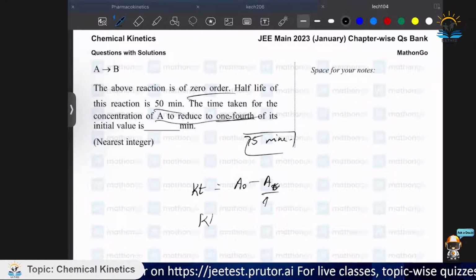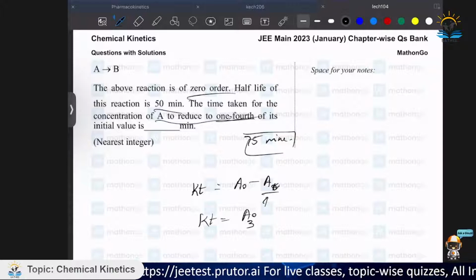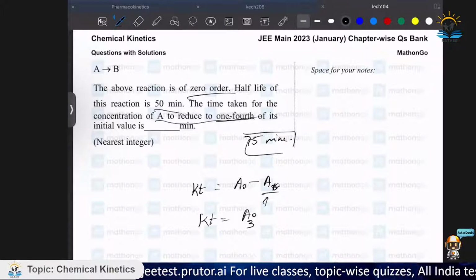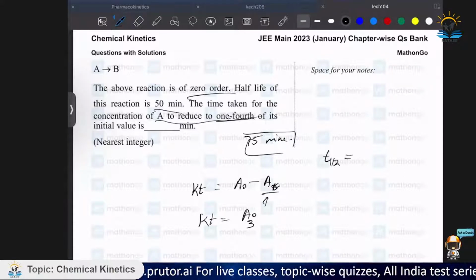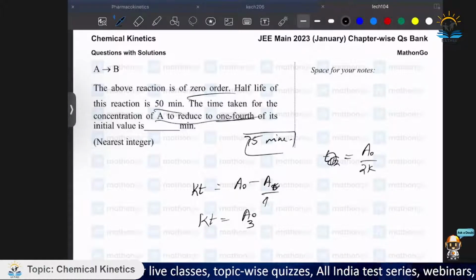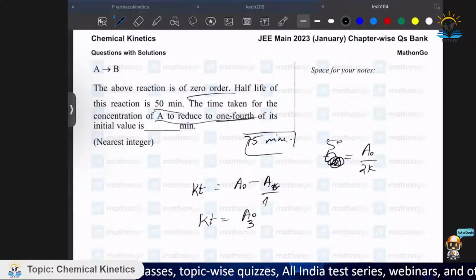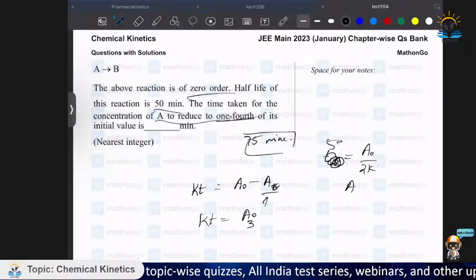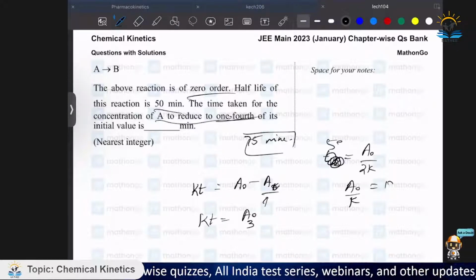So kt is equal to 3 a naught by 4, and you know that t1 by 2 is equal to a naught by 2k, and this has been given as 50. So a naught by k is equal to 100.